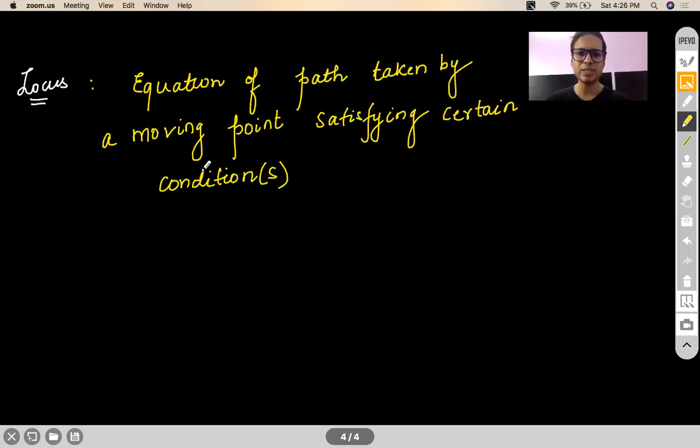It means you have to find the equation of the path taken by that moving point which is satisfying certain condition or conditions.